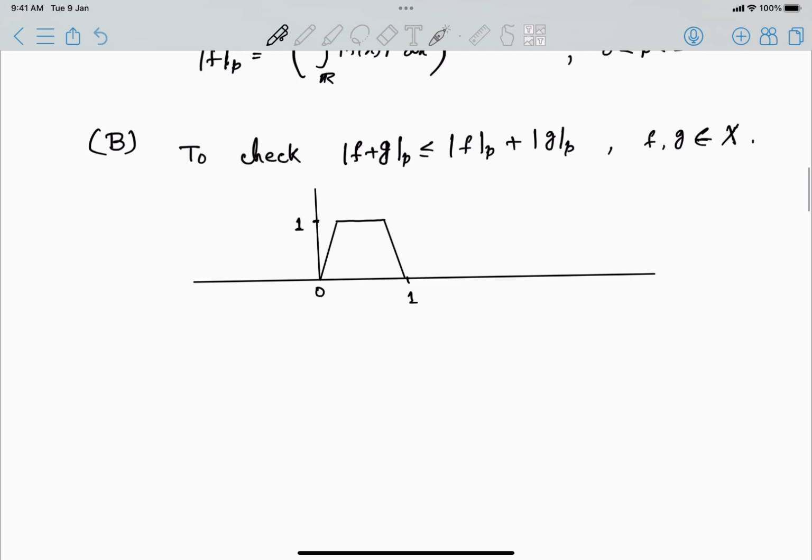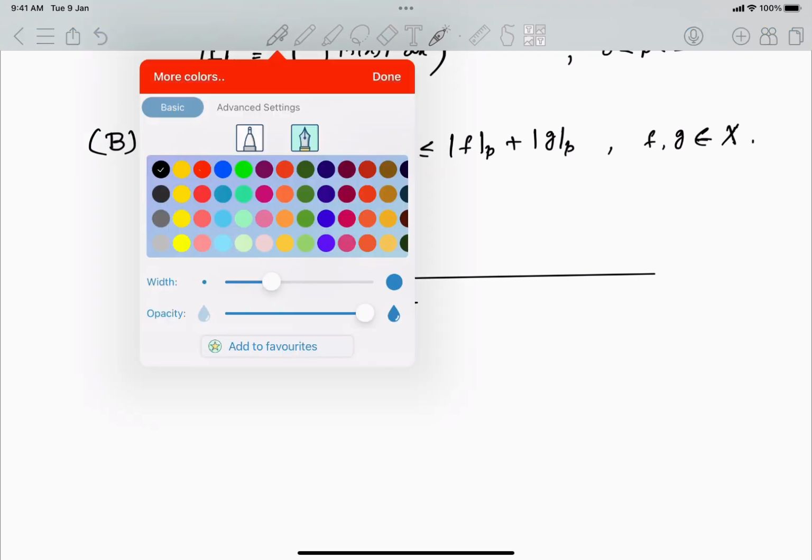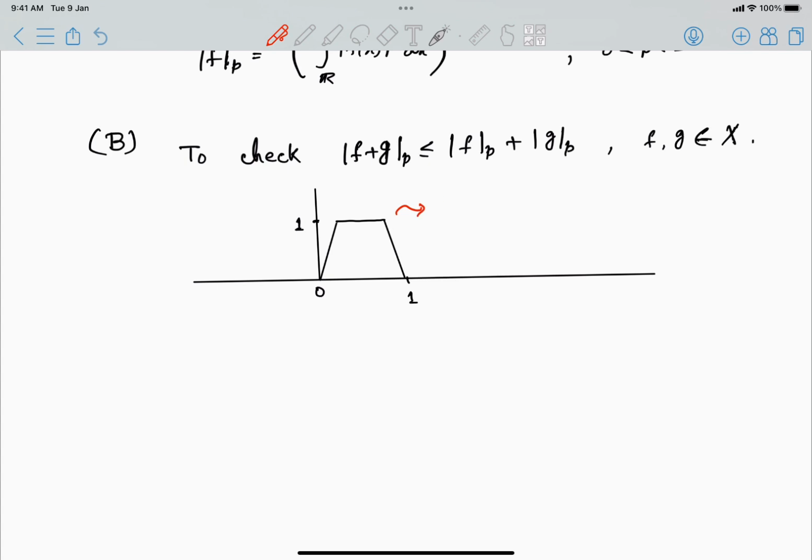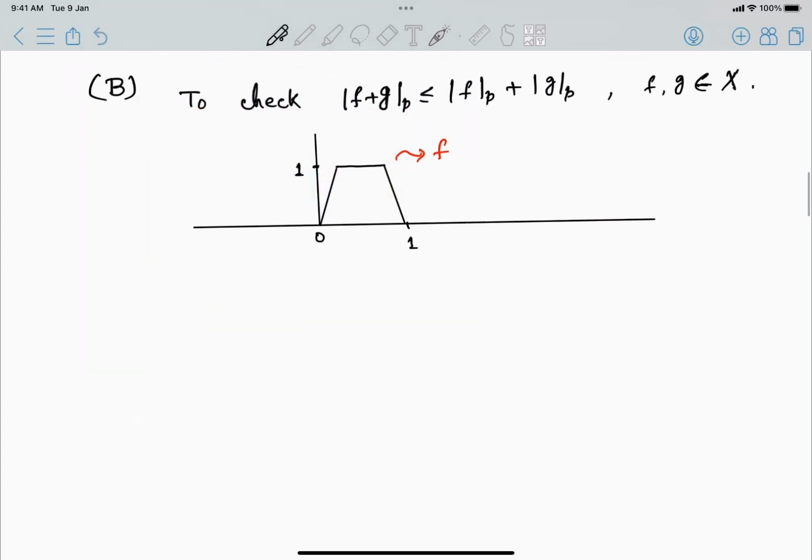So this is our f. What is the definition of f?